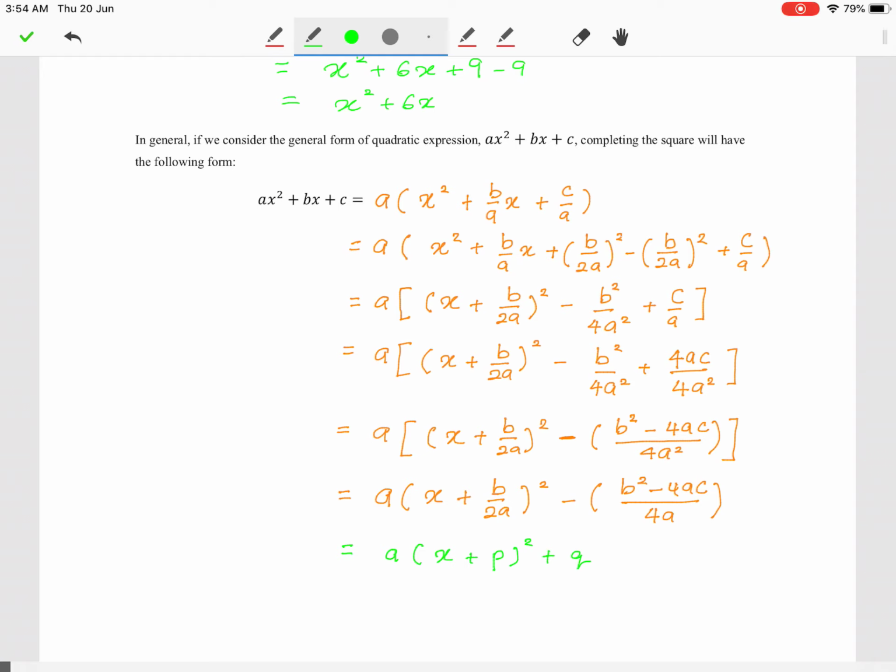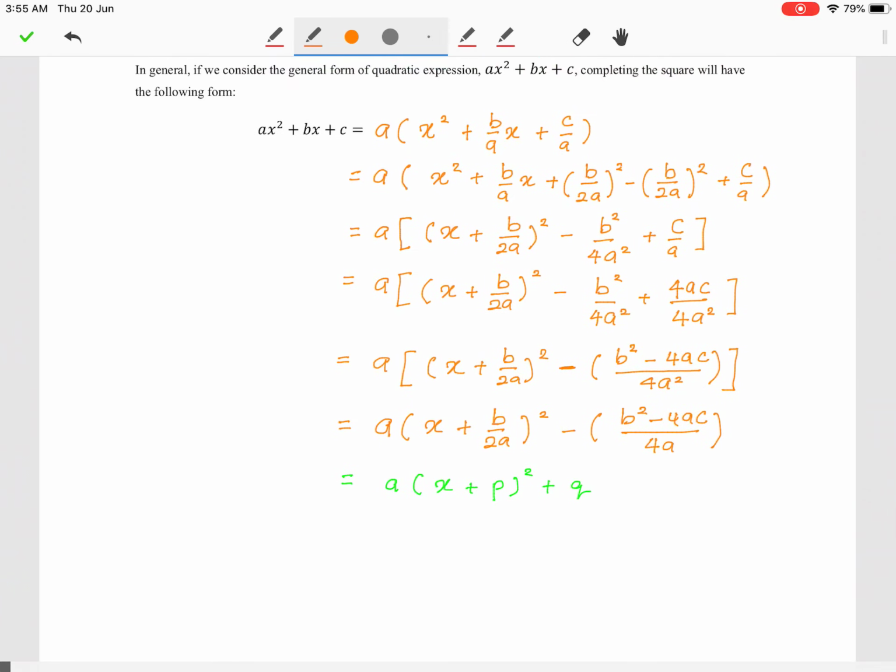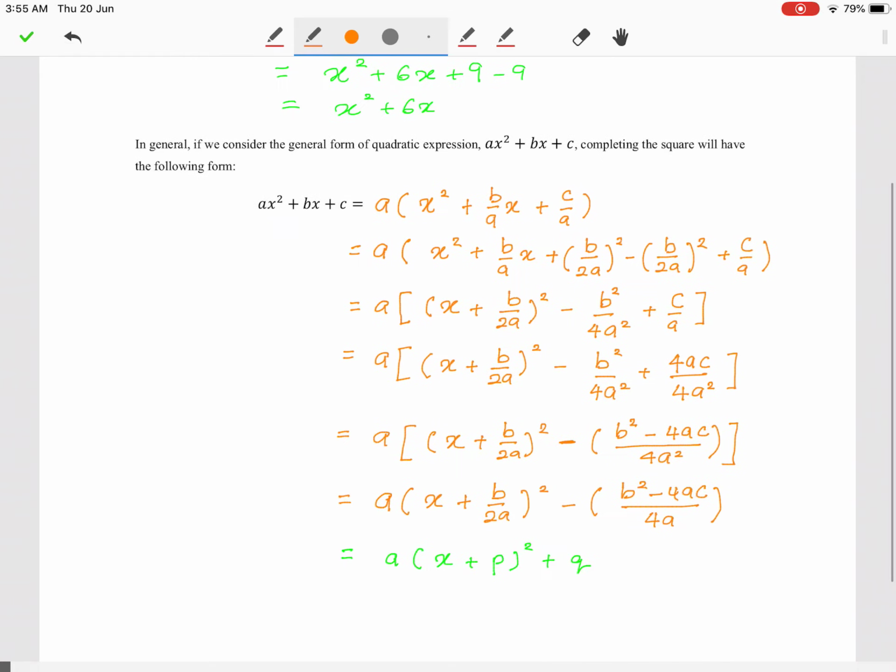Okay, so let's try to implement the result that we have found here in the next example. If you have a numerical quadratic expression, like what we're going to see in the next example, we can apply this result.